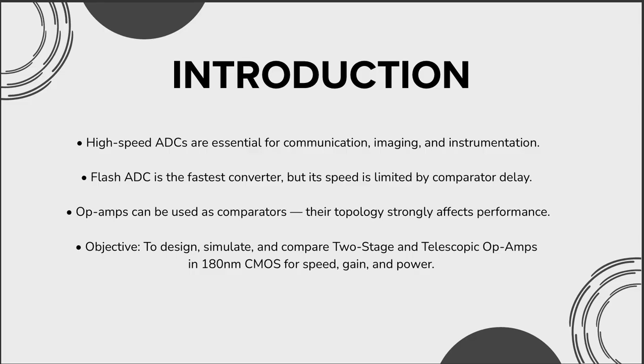In this project, I designed, simulated, and compared two popular OpAmp topologies, the two-stage OpAmp and the telescopic cascode OpAmp, to check which is more suitable for high-speed comparator applications in 180 nanometer CMOS technology.